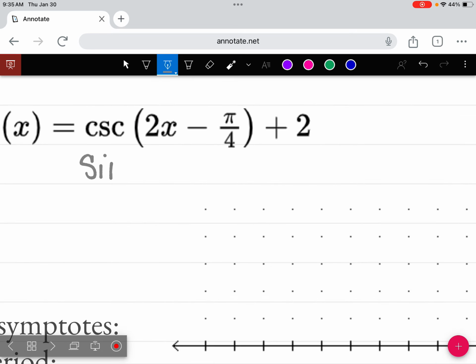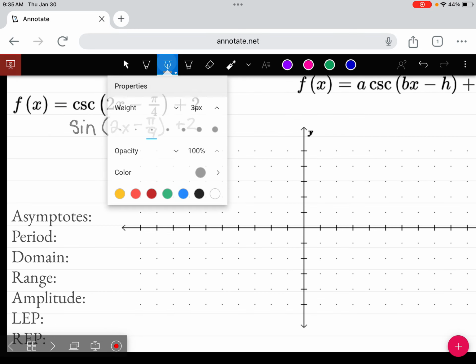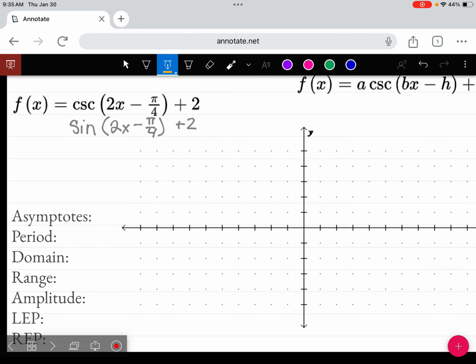So we're going to look at sine of 2x minus pi over 4, plus 2. What do we notice on here? The k. The center of our sine is going to shift. Which way? Up 2.